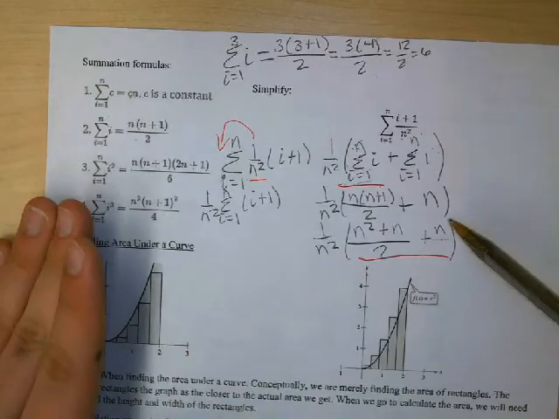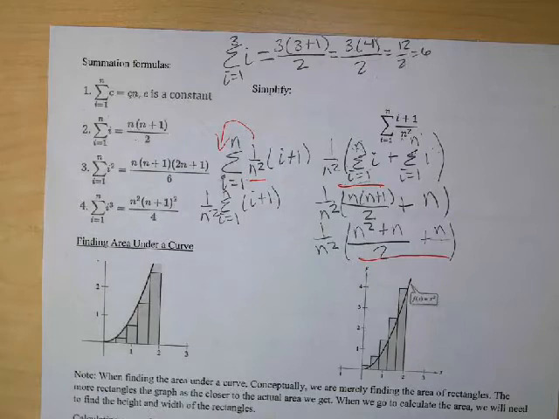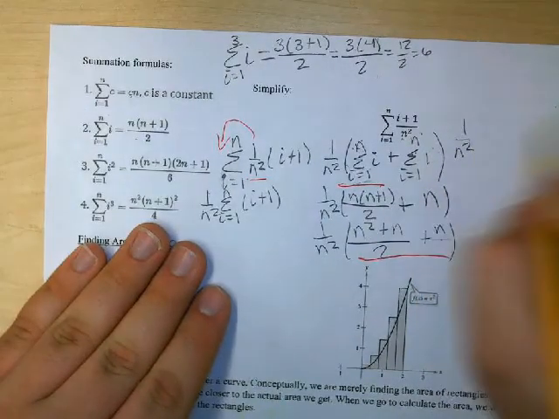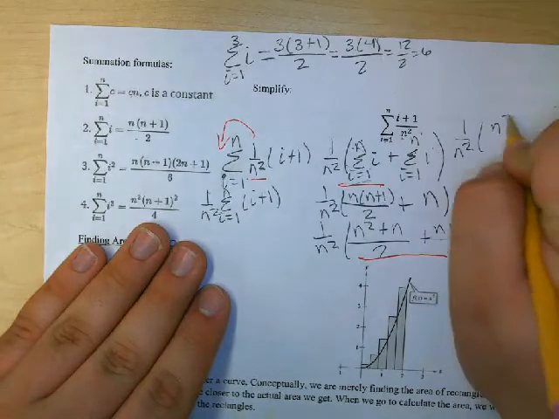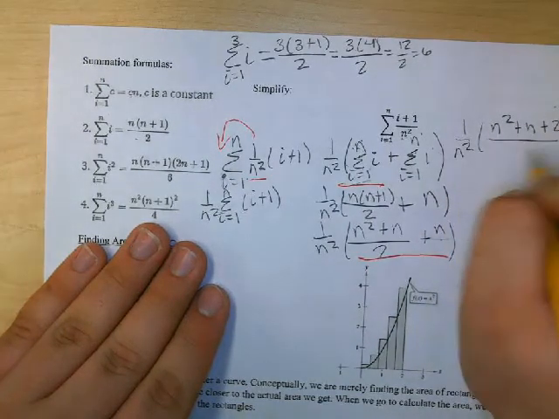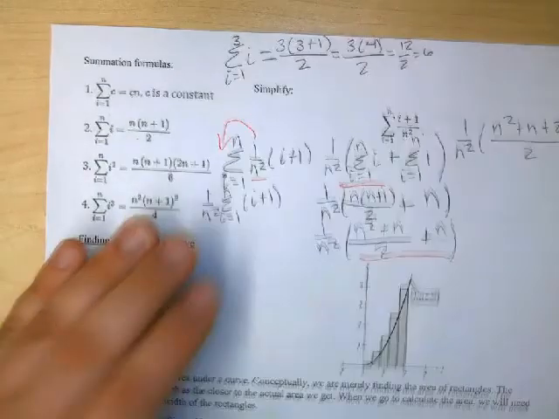Are you guys okay if I skip the step where I multiply the numerator and denominator by 2 and go straight into putting it all under one fraction? Okay. 1 over n squared times n squared plus n plus 2n all over 2.